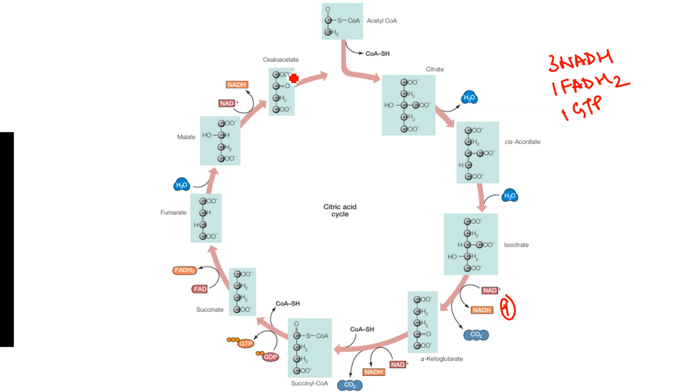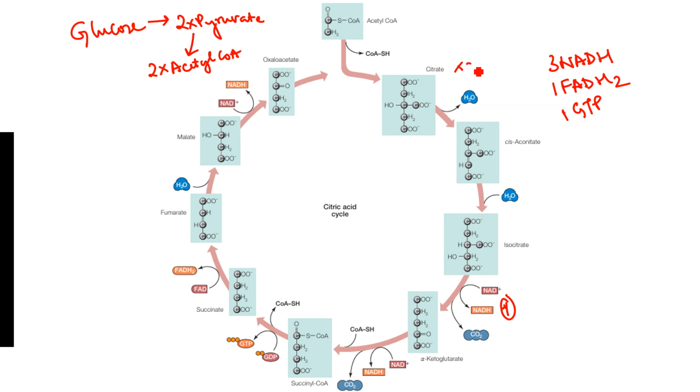Okay. So actually, what happens is this glucose is giving me two molecules of pyruvate, right? Then from two molecules of pyruvate, we will get two molecules of acetyl CoA, and then from two molecules of acetyl CoA, this entire pathway will take place twice.